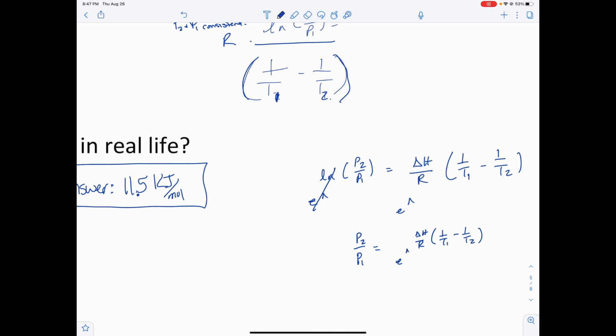I'm used to the other version. It's T2 minus T1. And then I'm just going to multiply both sides by P1. And I don't want that in the exponent up there. I want it the whole thing times P1. And that's going to get my P1 term to cancel. I'll just have P2.